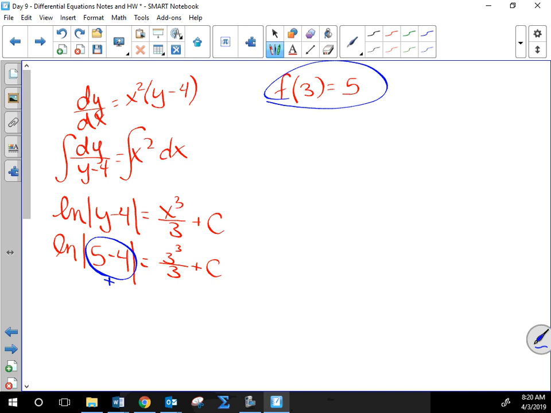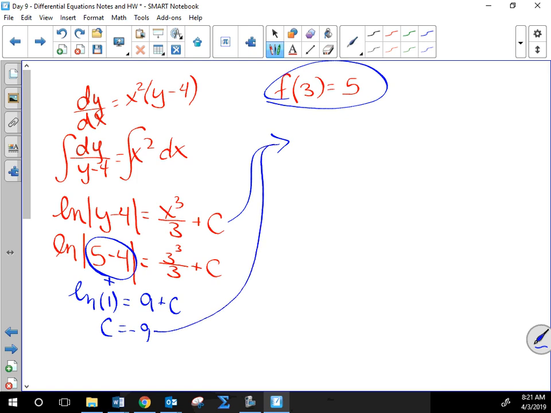So when I go ahead and solve for my c, we get natural log of 1. What is natural log of 1? 0. This is a great problem. So I had 0, so c equals negative 9 over 3, which is negative 1. Then when I plug in my c, I have the natural log of the absolute value of y minus 4.